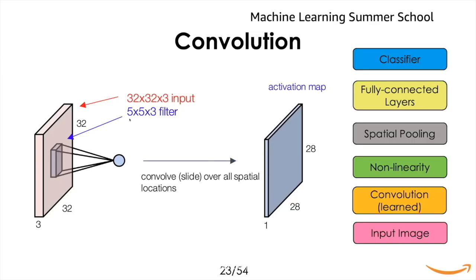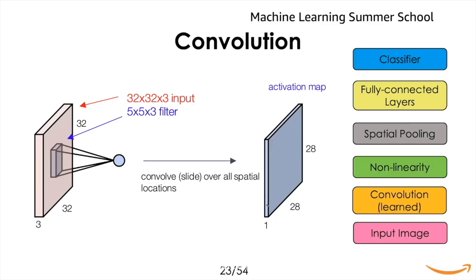The filter size is 5 cross 5 cross 3. The dimension of the output will be 32 minus 5 plus 1, which is 28 cross 28. And the depth of the output will be 1, since both the filter and the image have the same number of channels. So if you have one filter, you will get a 2D activation map as your output.